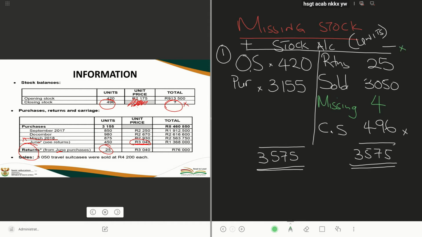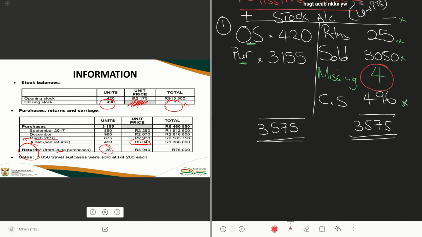So you simply put your stock at the beginning, you bring in your purchases, you now subtract your returns, and then you subtract the units that you sold as well as the units at the end. And then the balance becomes your missing. Okay? This is one way of doing this. Let me show you another way.